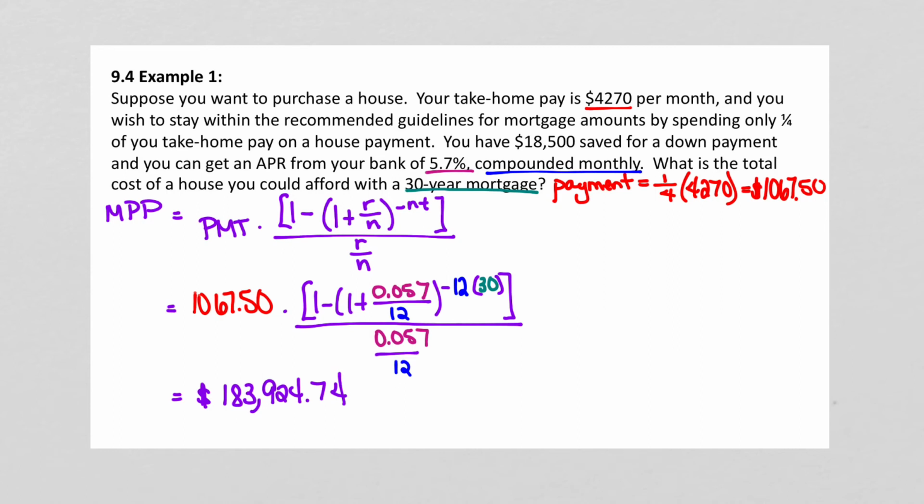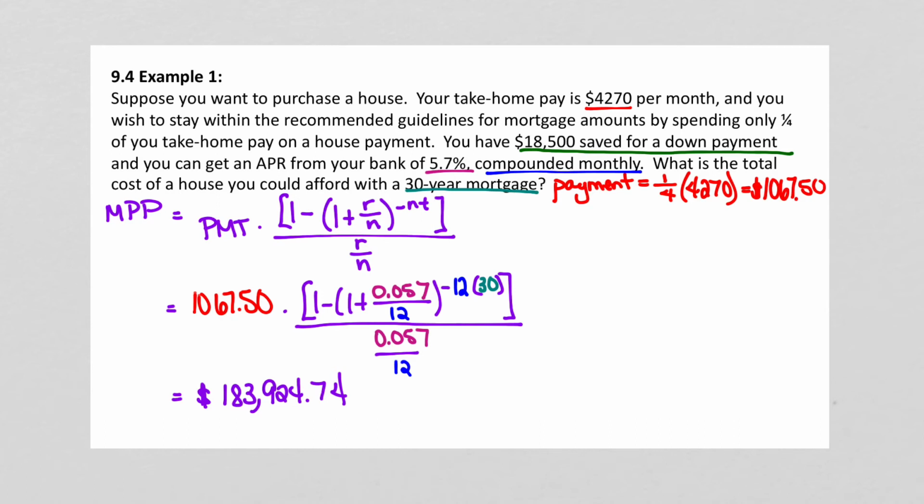So that's a pretty good amount for a house. And you would want to stop here, but don't, because don't forget that we had this down payment here. That means that they have an additional $18,500 to put on this home.